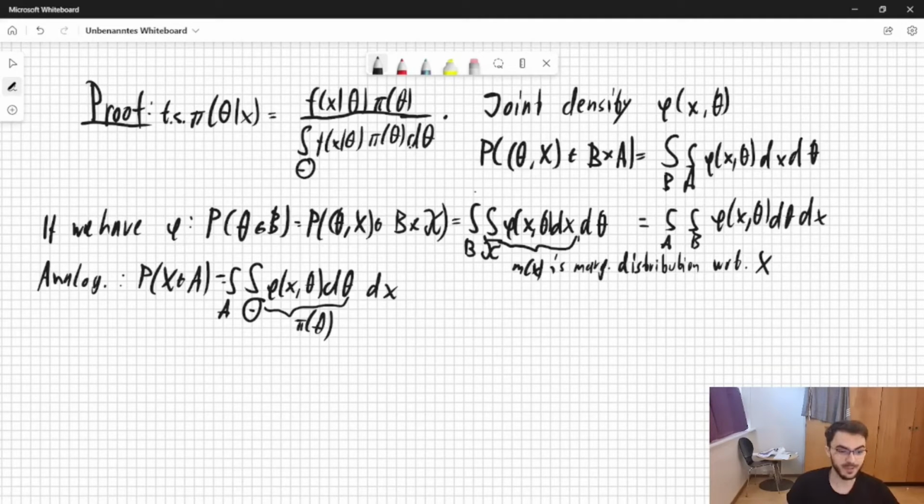Okay, so let's show that we have a joint density. We're going to do this using Fubini. So this we know just by the definition of the conditional probability that we can write, sorry, the sets are wrong, B times A. I don't know why I put them in this order. So this we can write, by the definition of the conditional probability, as the integral over B of the conditional probability of x being in A given theta times the prior.